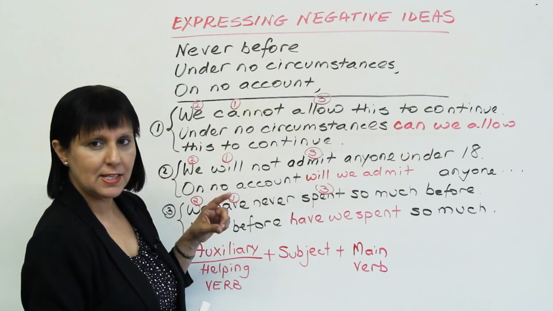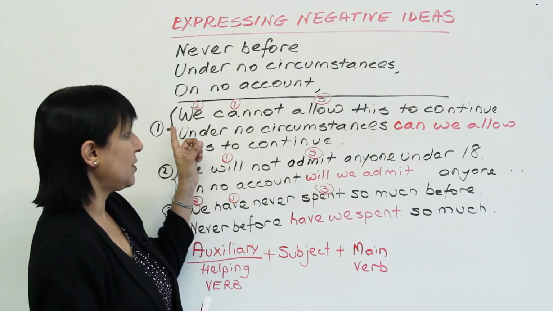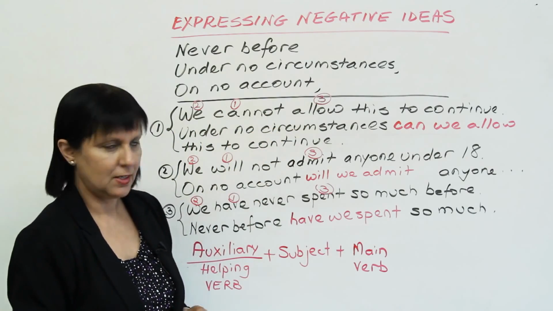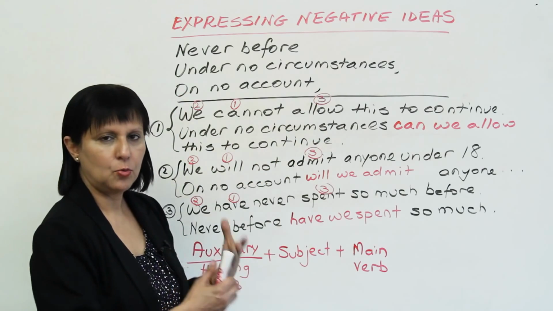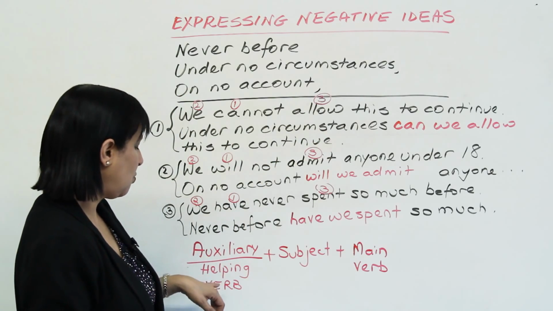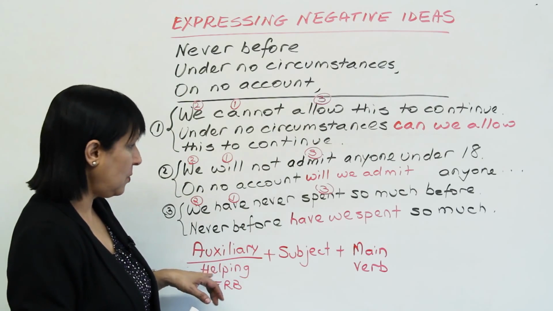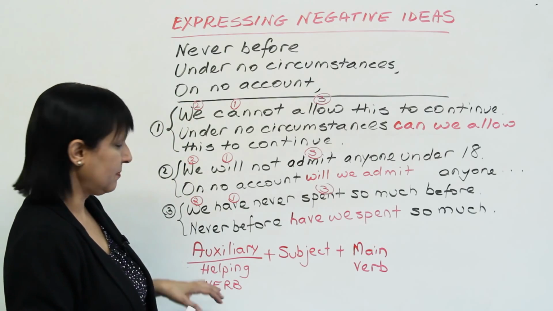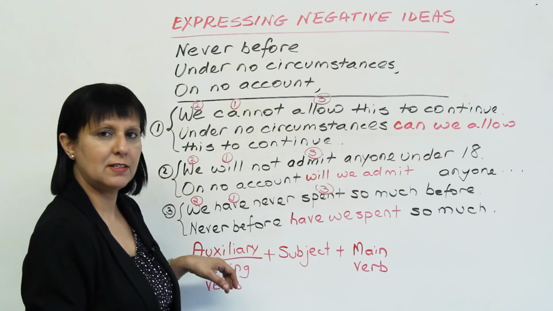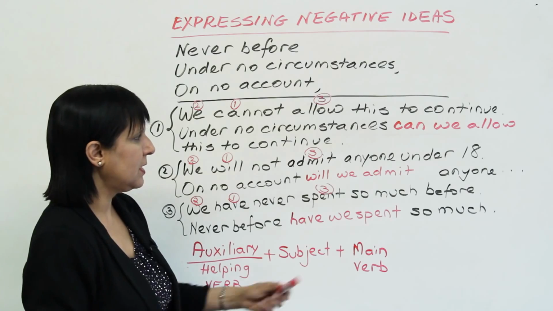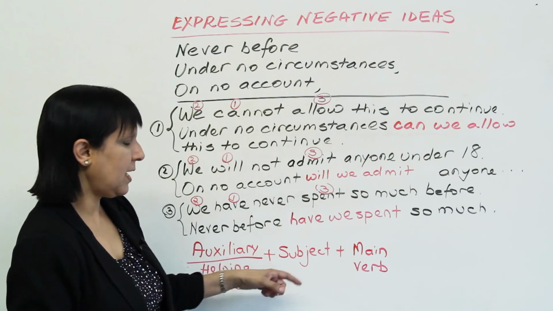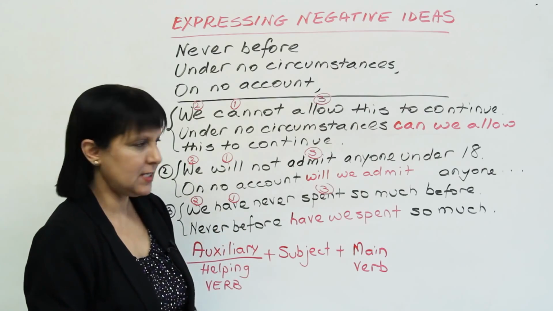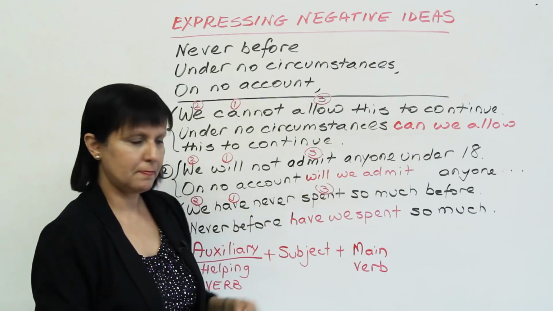We didn't say under no circumstances we cannot allow this to continue. We didn't just add this and keep the sentence the same. We had to make some changes. So what came first? Now, when we use this expression, first we have to use the auxiliary or helping verb, like here, can. Okay? Then we have to put the subject of the sentence, which is we.